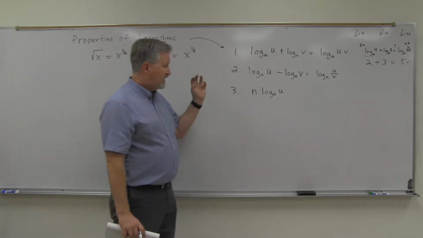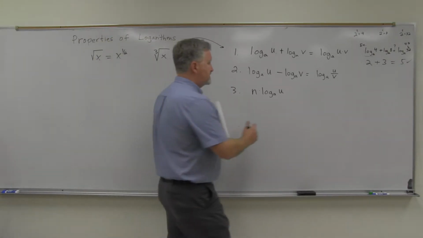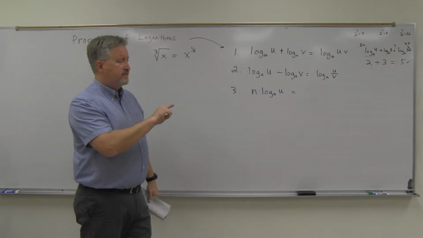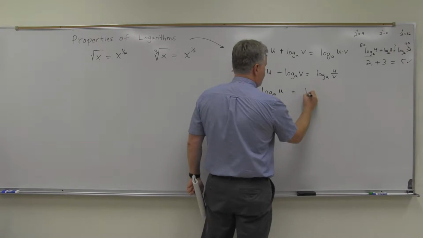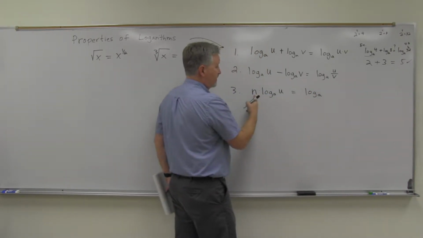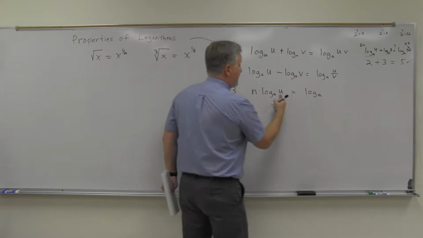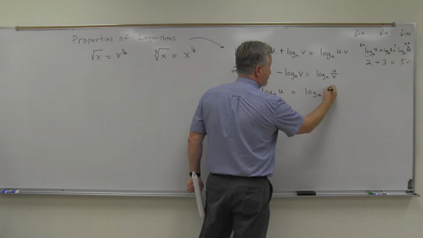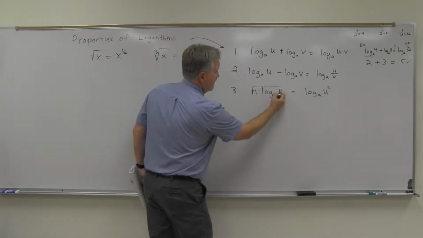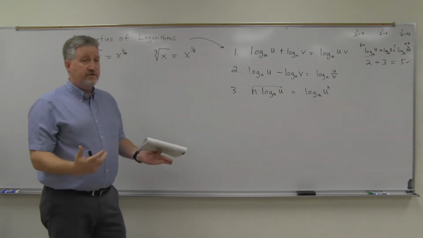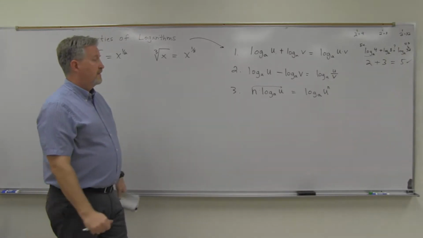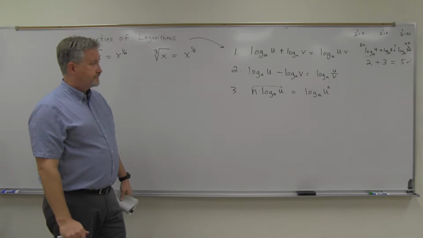To condense that, if you will, it turns out that n can be brought inside to make this just a log base a, so I'm bringing this n inside here. And it turns out, if I do that, that n goes inside, but not times the u, but as the power: it makes u to the nth power.